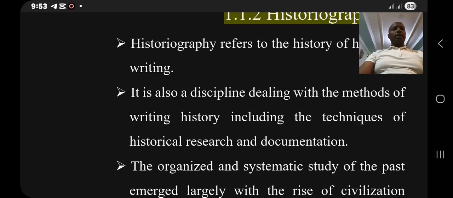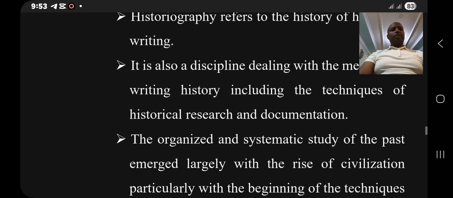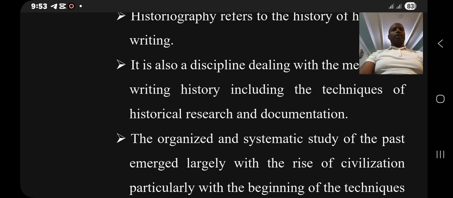The organized and systematic study of the past emerged largely with the rise of civilization, particularly with the beginning of the technique of writing. As I have already mentioned in my previous topic, when you say civilization, we mean the beginning of the writing technique.